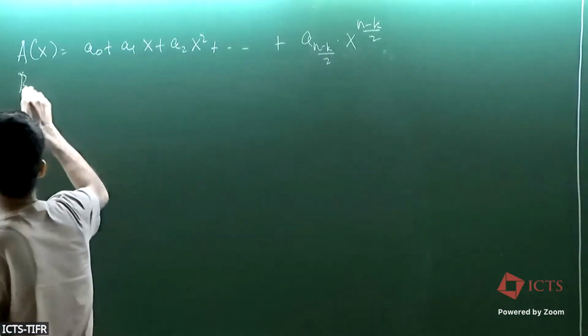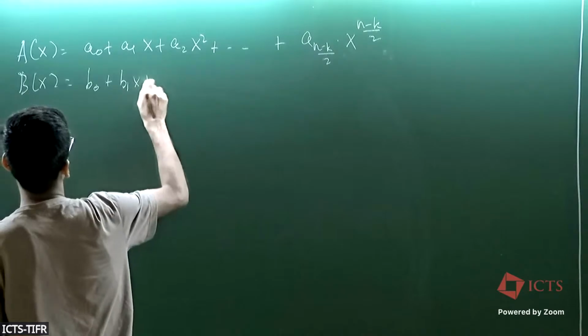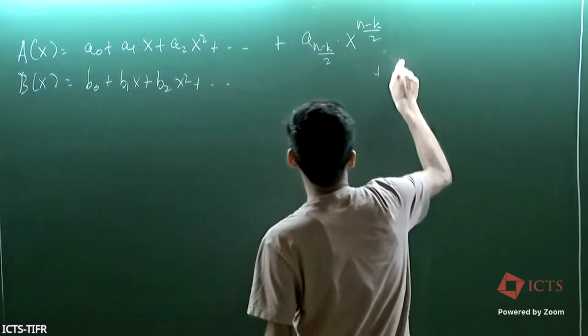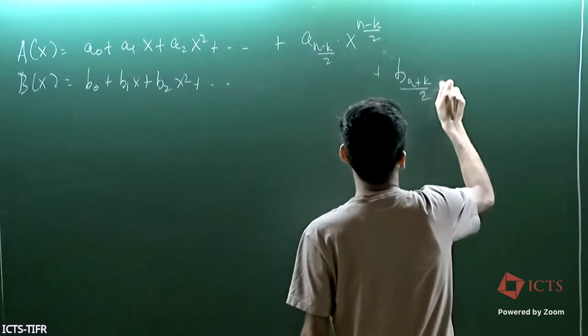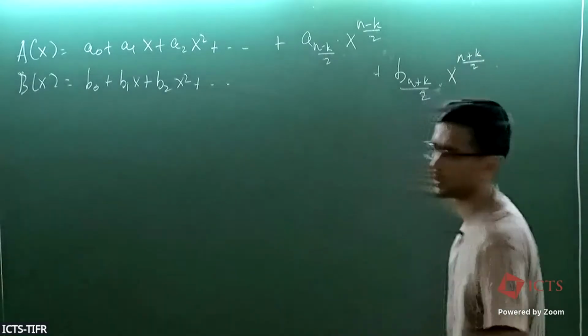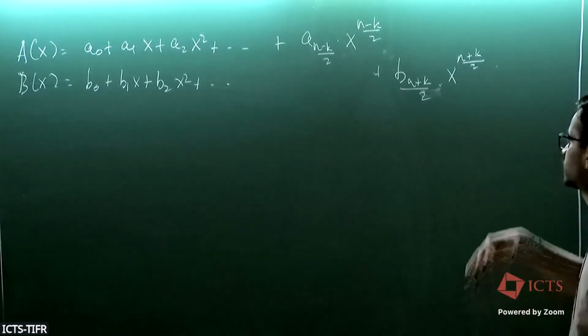B is some polynomial of the form b0 plus b1 x plus b2 x squared, and so on, up to b sub (n plus k)/2 times x to the (n plus k)/2. Finding Q is the same as finding A and B, and finding A and B is the same as finding these coefficients.